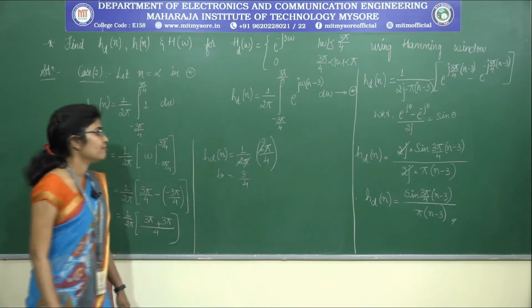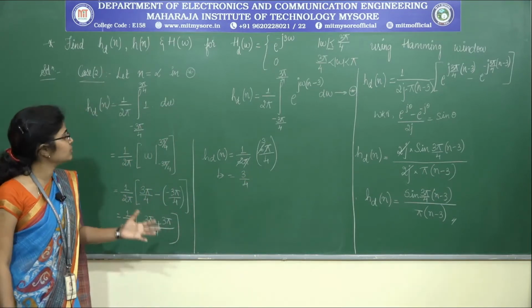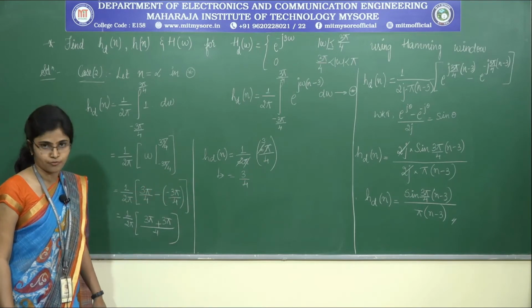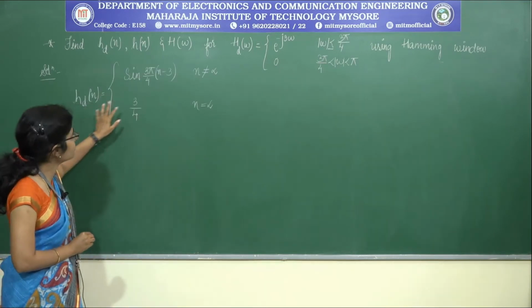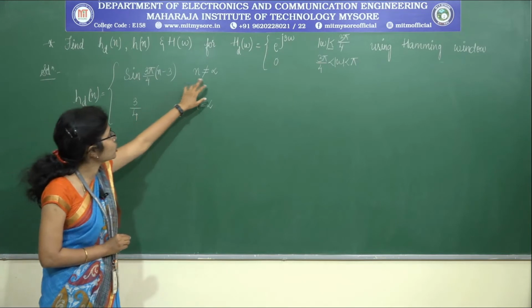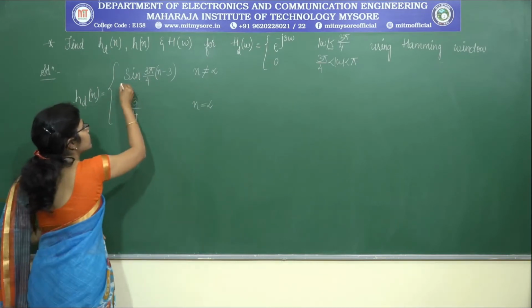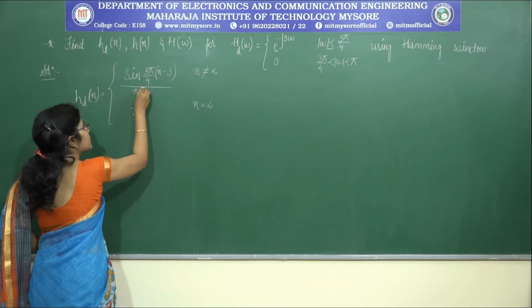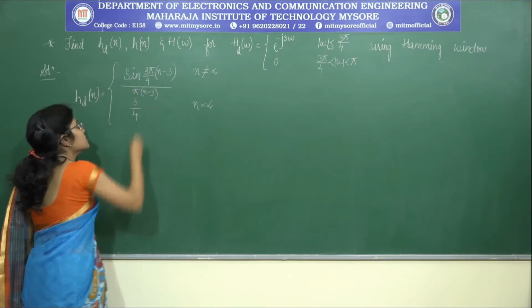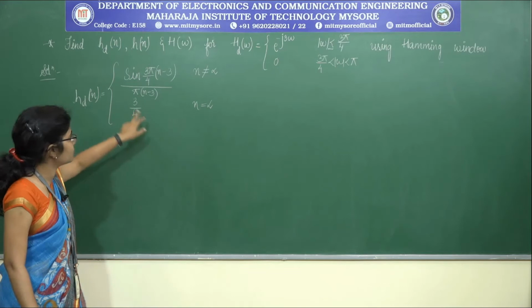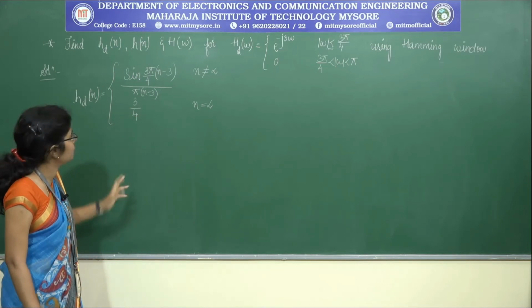That is, whenever the value of n is equal to alpha, this is hd of n. I have written hd of n for both the cases. For n not equal to alpha, it is sin 3 pi by 4 n minus 3 divided by pi into n minus 3. Similarly, when n is equal to alpha, it will be equal to 3 by 4. Okay.